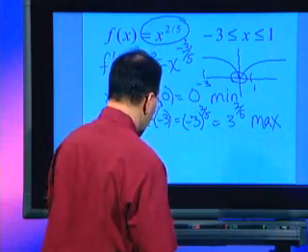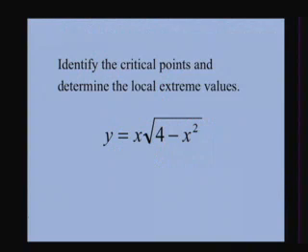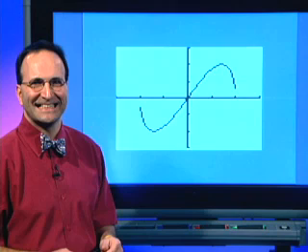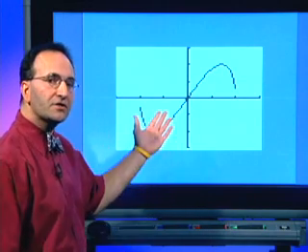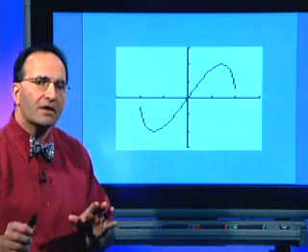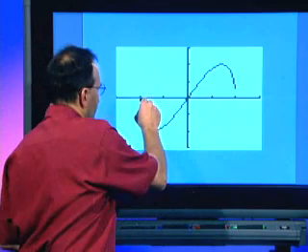Okay, identify the critical points and determine the local extreme values for the function y equals x times the square root of 4 minus x squared. Okay, so here's the graph of that function. However, remember sometimes with the graphing calculator, it doesn't give you accurate results with respect to the axes.